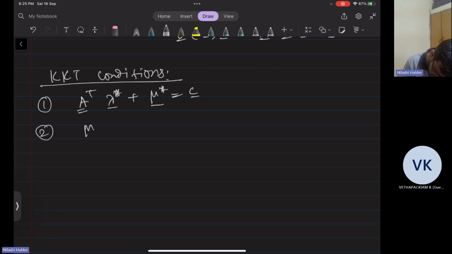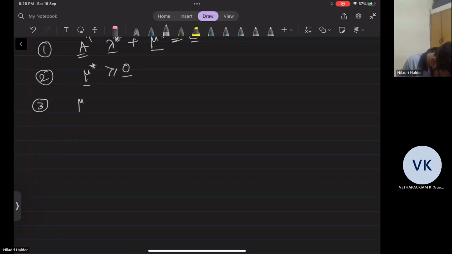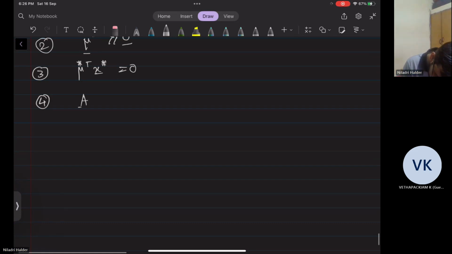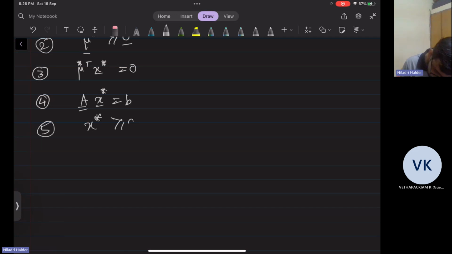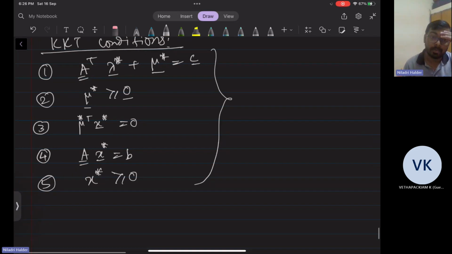Second, mu star is greater than or equal to 0. Third, mu star transpose x star is equal to 0. Fourth, A x star is equal to b. Fifth, x star greater than or equal to 0. So these are the five conditions. If you solve the five conditions, you can get the optimal point.